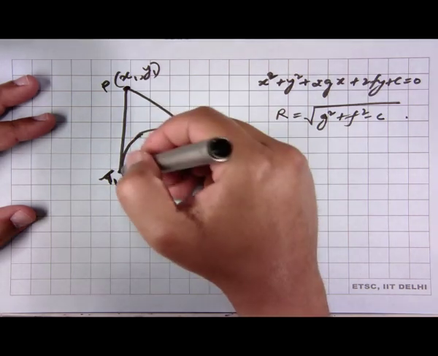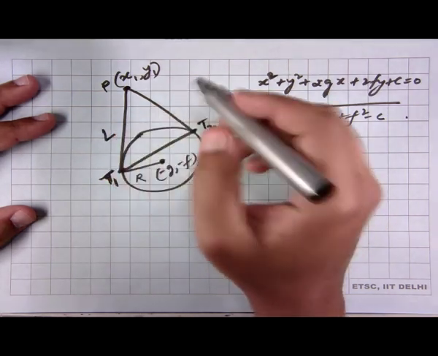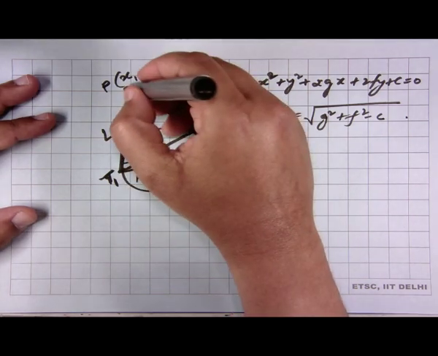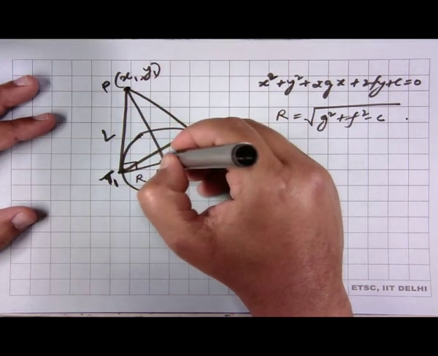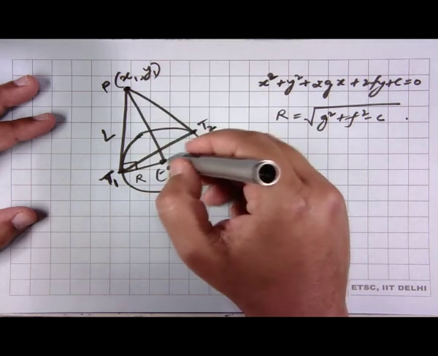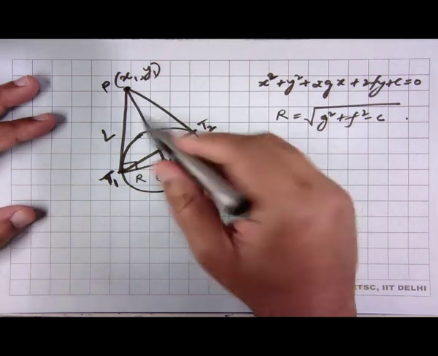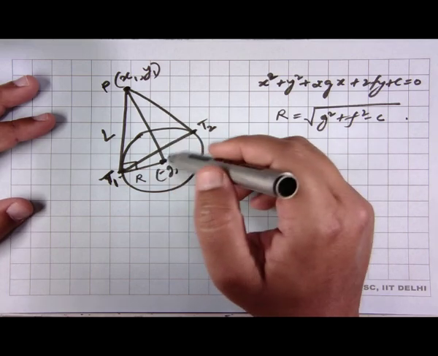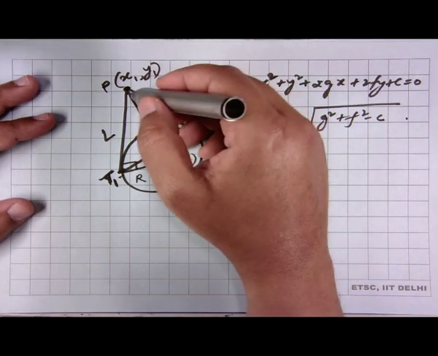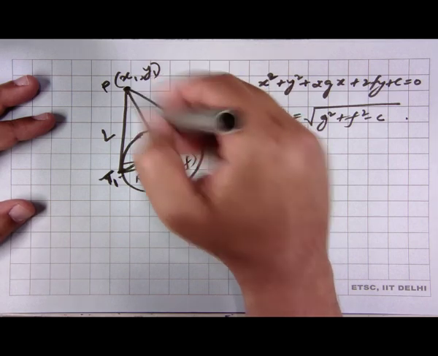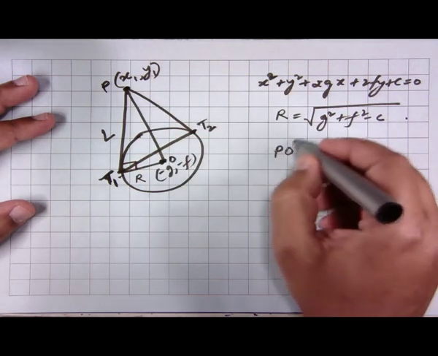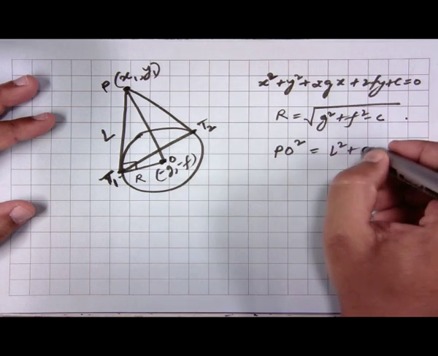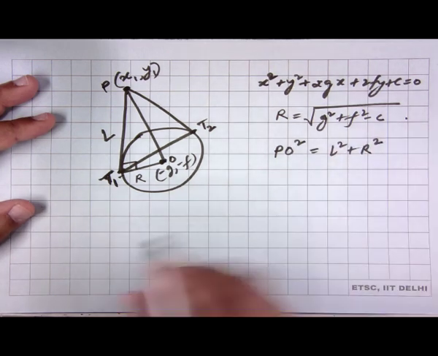The length of these tangents can also be found out, because we know that this is 90 degrees, and if we join P with the center O, then P T1 O is a right angle triangle. Therefore, from the Pythagoras theorem we know that the squared distance PO is equal to L square plus R square.